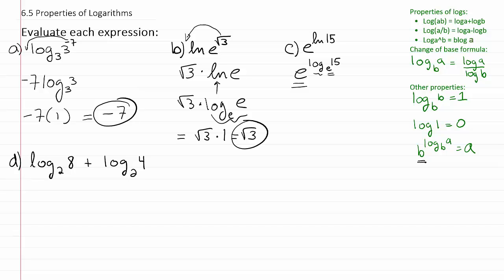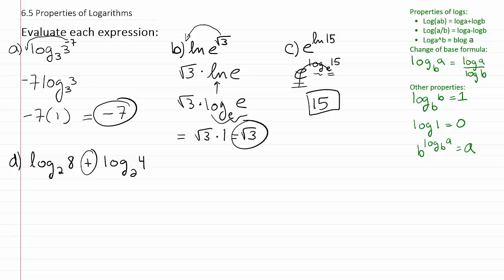You see this pattern? Base, base, log in between, and what that produces is just the value that you're originally taking the log of. So we should be able to say that all of this cancels out, leaving you only 15. And that's it. Just like here where the b and the log base b cancel out, and we're just left with a. Okay, and then our last example here is example D.